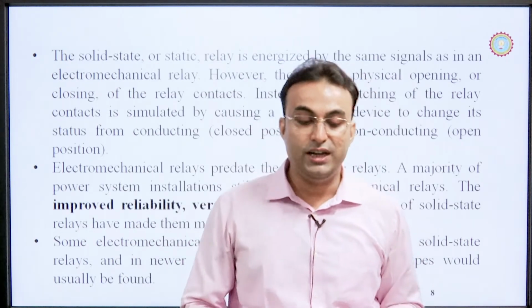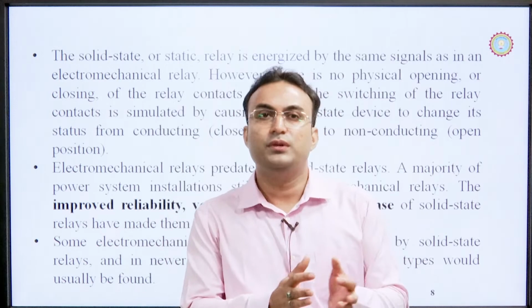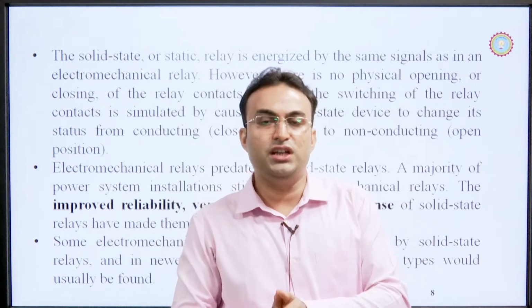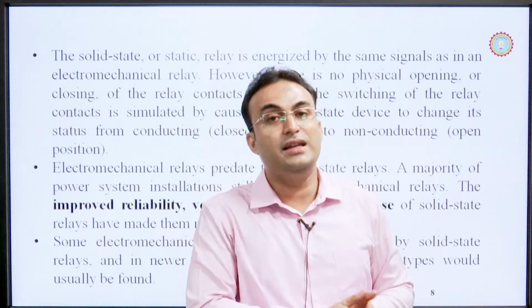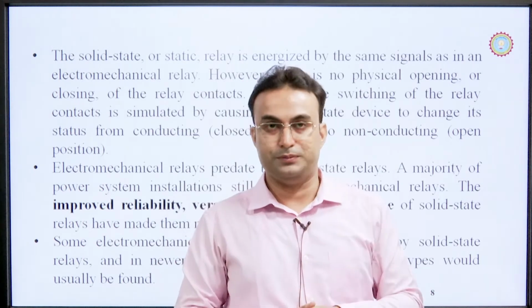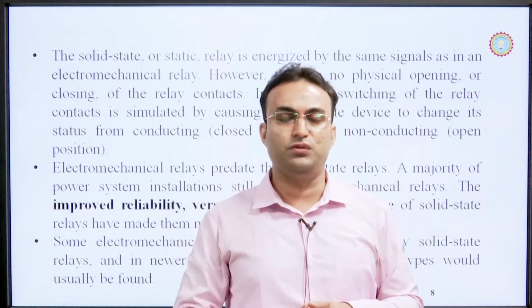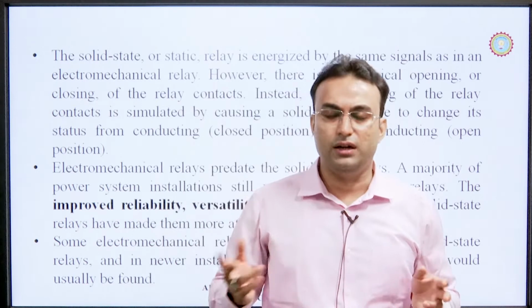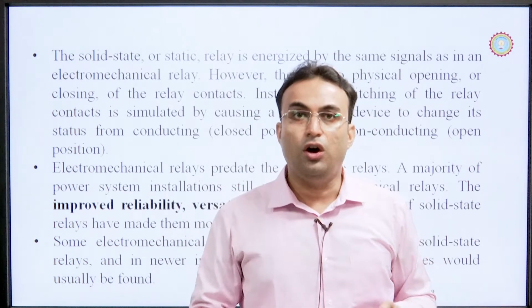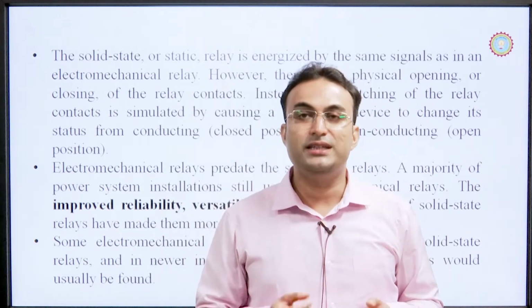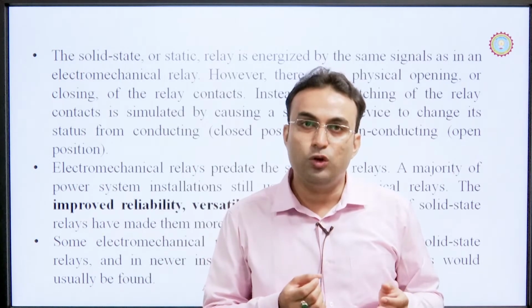Now the solid state or static relays. We have a classification: one is electromechanical relays and another is solid state relays. Also, we have further classification of relays, that is pneumatic or digital relays. A solid state or static relay is energized by the same signal as an electromechanical relay.